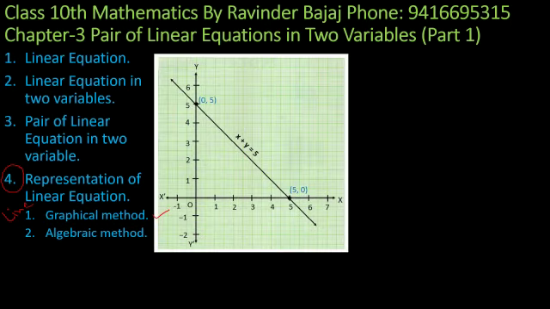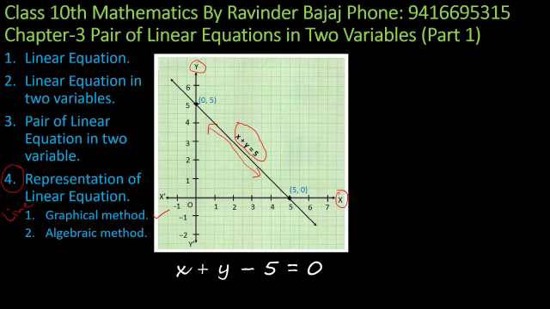This is the graph. Say the equation x plus y is equal to 5 is represented by this line. See, this is a straight line. Now this is the x-axis, this is the y-axis, and in the coordinate plane, this is the equation x plus y minus 5 is equal to 0.